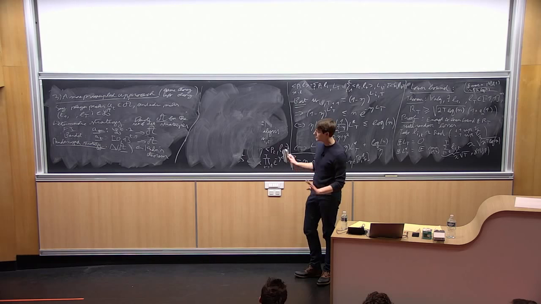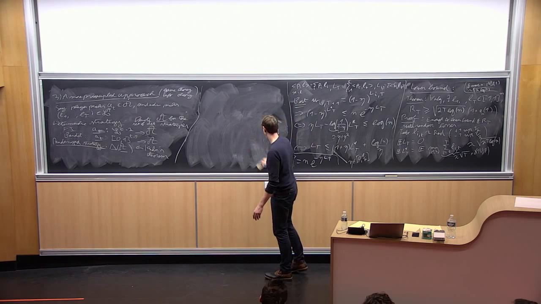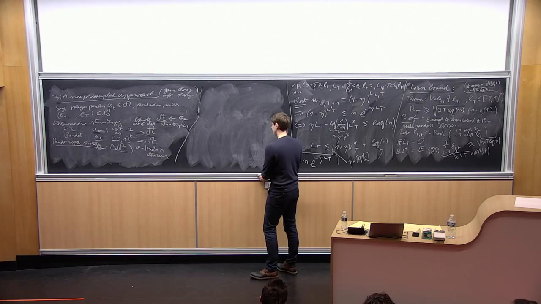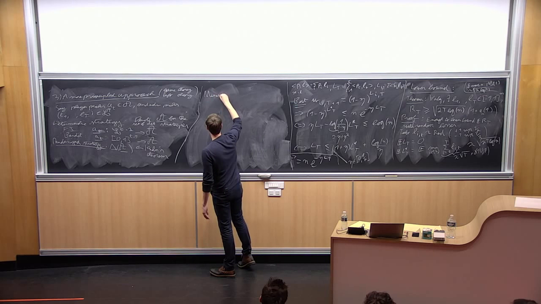Since it's not the crucial part of the course, I don't want to focus too much on it. But yes, you're right. You're especially right because we're going to apply Sion's Minimax theorem in a minute, and then you really need it. Okay. So what do we care about? What is the Minimax regret?